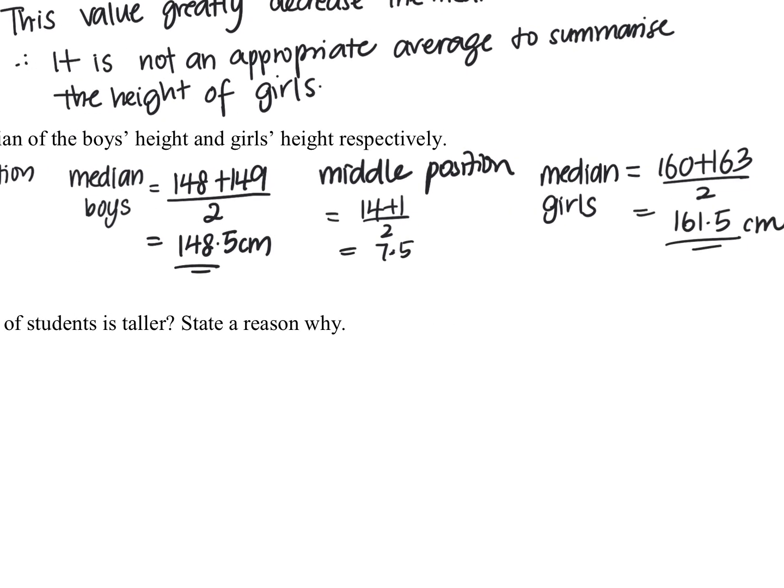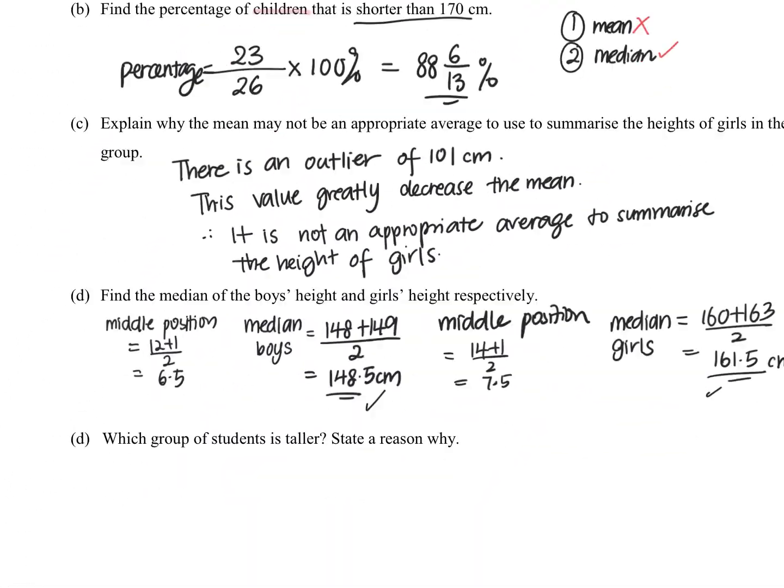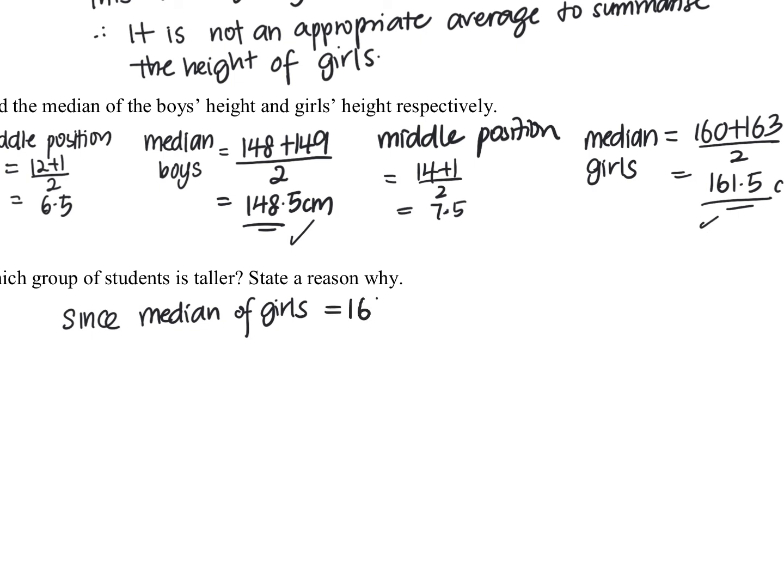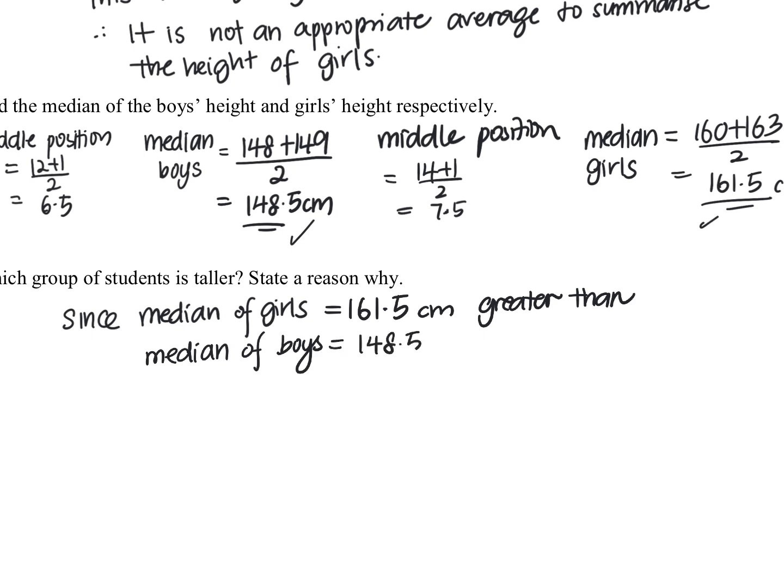So now what do we notice? We notice the median for the boys' side is 148.5 and the median for the girls' side is 161.5. So what does that tell us? Then we write down the evidence. Since the median for the girls is equal to 161.5 cm, greater than the median of our boys, state the value, 148.5 cm.